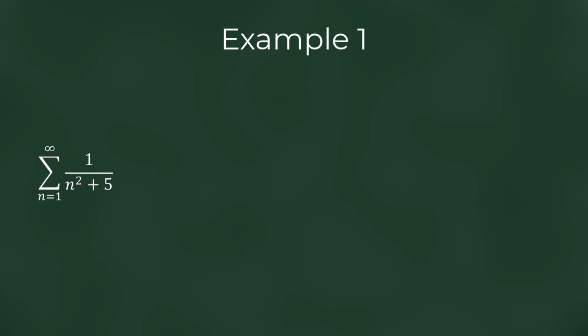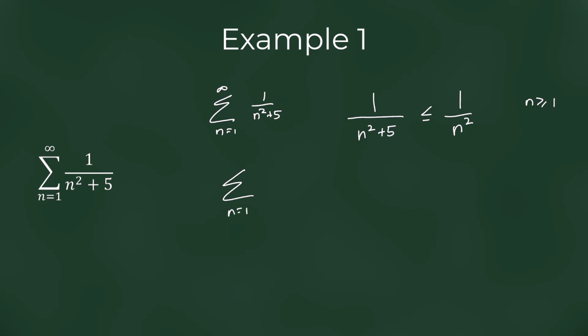Let's explore how this works by examining the series, the sum from n equals 1 to infinity of 1 over n squared plus 5. We know that if we add 5 to a number, it gets larger, which means that 1 over n squared plus 5 must be smaller than 1 over n squared for n greater than or equal to 1. That then tells us that the sum from n equals 1 to infinity of 1 over n squared plus 5 must be less than or equal to the sum from n equals 1 to infinity of 1 over n squared.